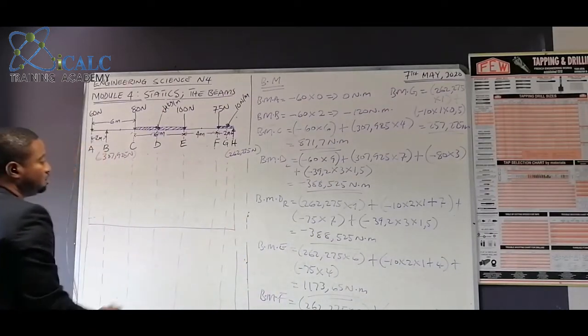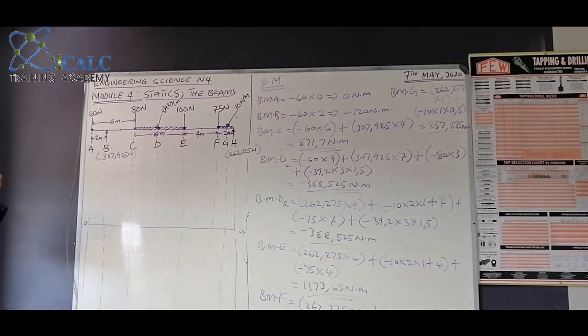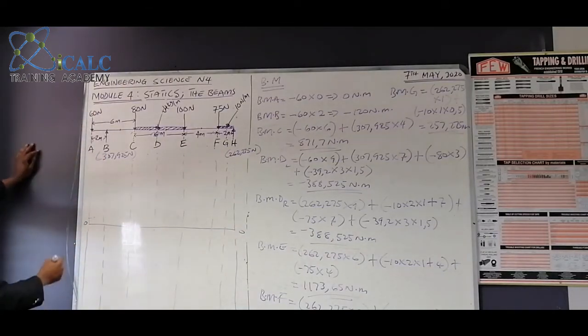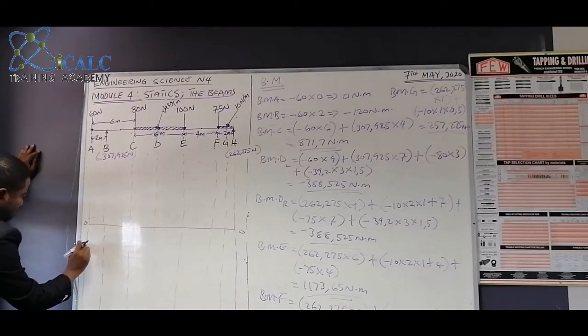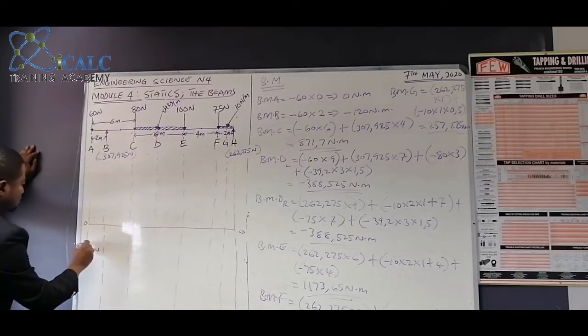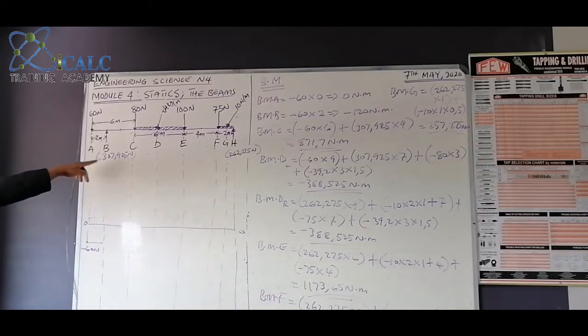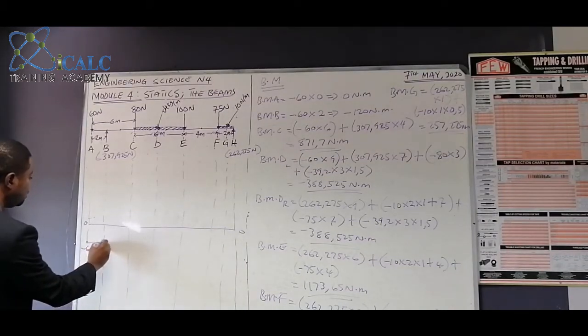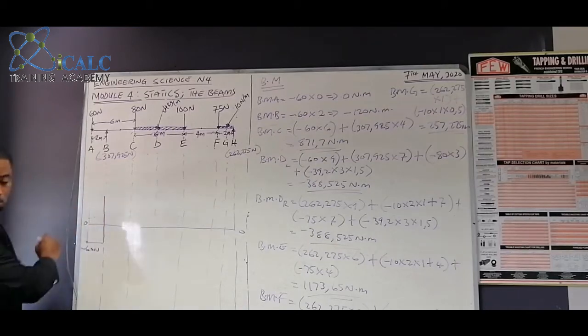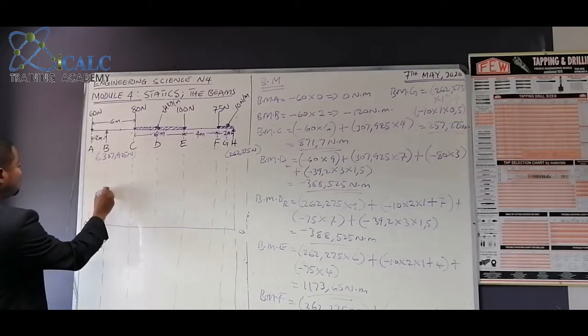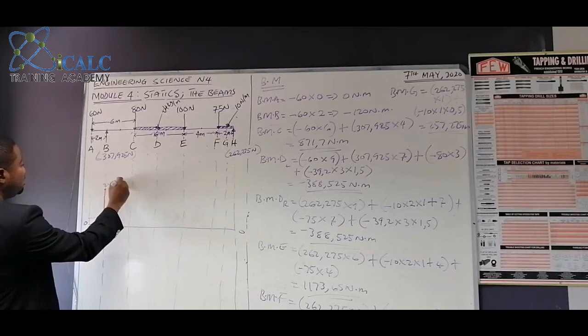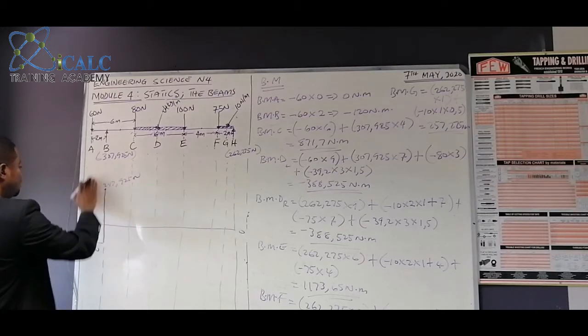About every point. So we have 0 here, we have 0 here. So we have 60 pushing down, minus 60 Newton. So minus 60 plus 307.925 will give us 247.925. So we push up 247.925 Newton.